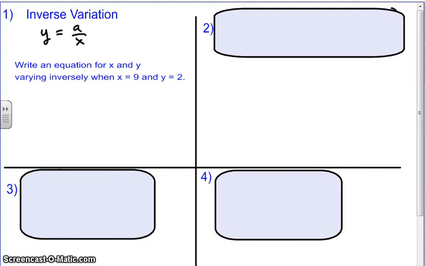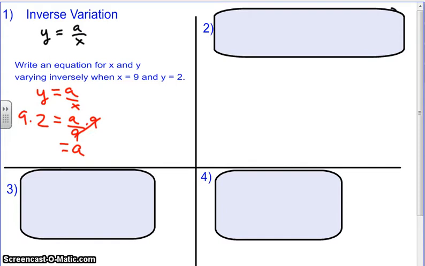We know x is 9 when y is 2, so substitution is what that's called. So we have our model, y equals a over x. We substitute known values. 2 equals a over 9. And then we just isolate a, right? And the operation we'll use is, good, multiply by 9.